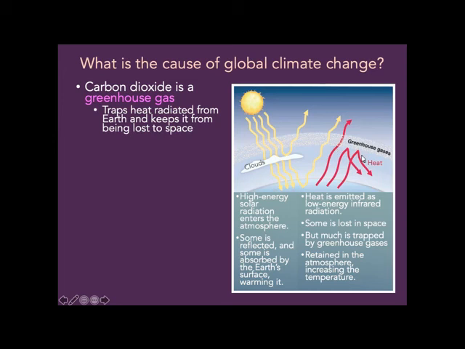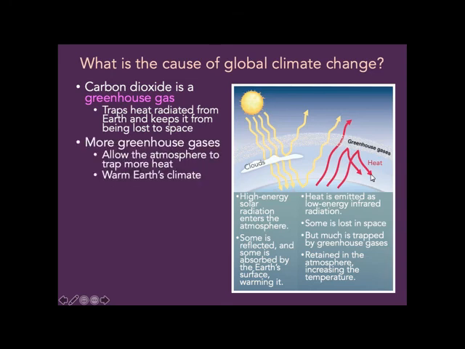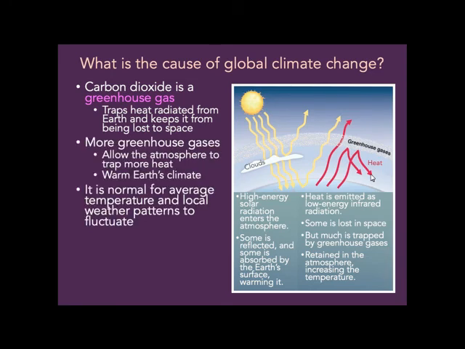But because of the greenhouse gases, the Earth acts kind of like a greenhouse where the glass bounces some of the heat back into the building and keeps it warm. And the greenhouse effect is what allowed life on Earth to exist, right?